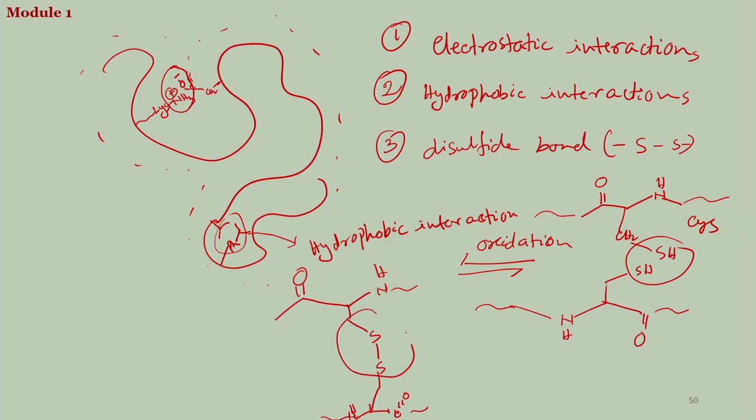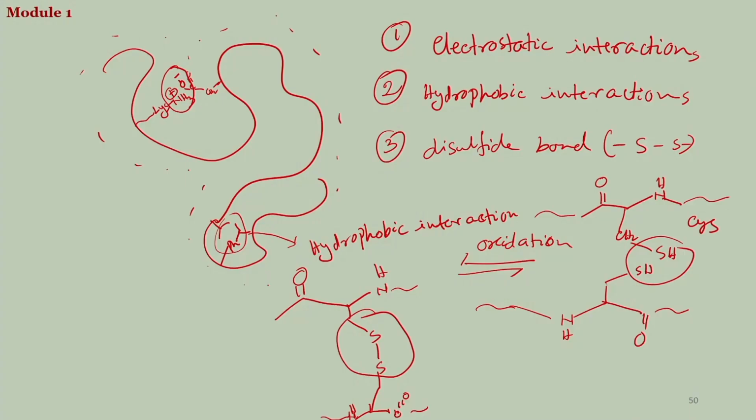So, it will form a disulfide bond, and that is a covalent bond. So, quite a strong bond. So, cysteine residues, if they are in close proximity, will tend to form a disulfide bond if you keep it in air, under an aerobic condition.